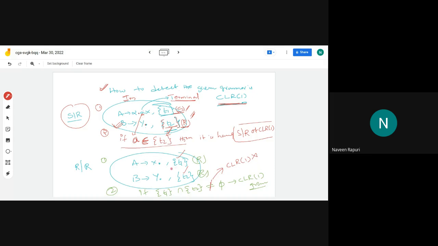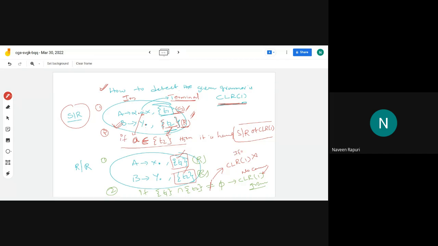We compare the lookahead symbol set of T1, the production 1 lookahead symbol set, and the lookahead symbol set of T2, the production 2 lookahead symbol set. If there is no common symbol, that is a CLR1 parser.